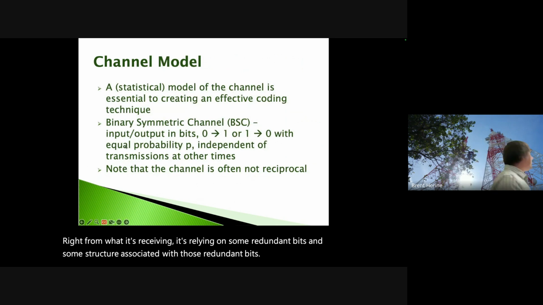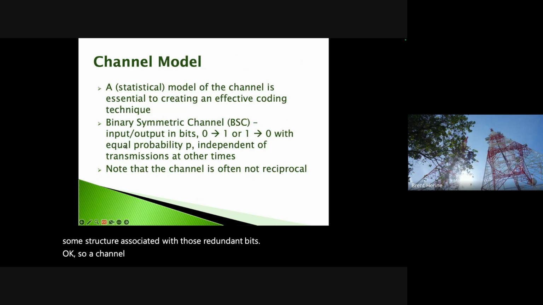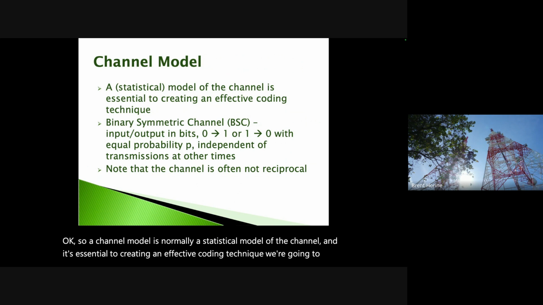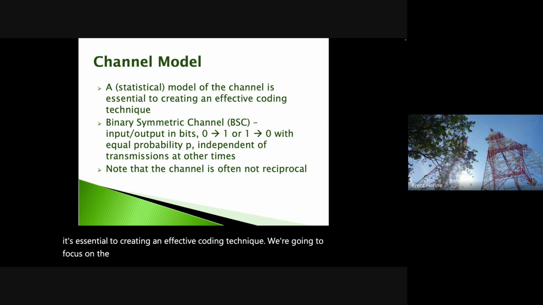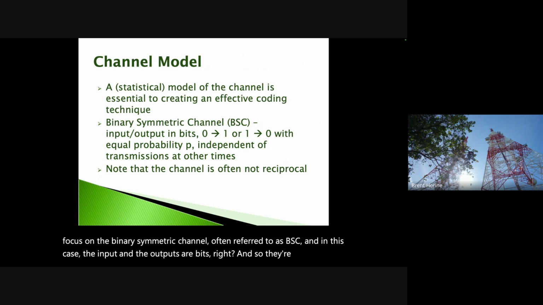A channel model is normally a statistical model of the channel, and it's essential to creating an effective coding technique. We're going to focus on the binary symmetric channel, often referred to as BSC. In this case, the input and the outputs are bits, so they're either 0 or 1.